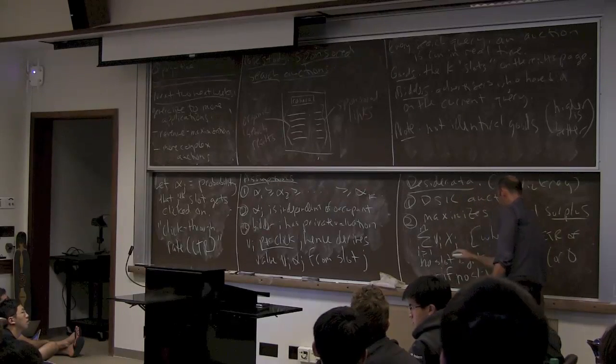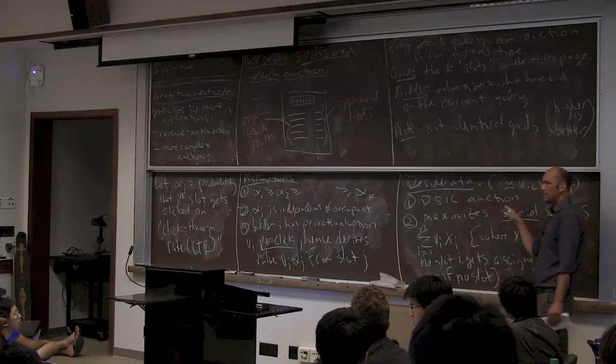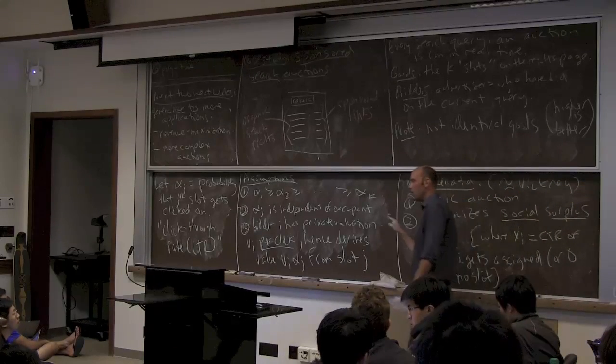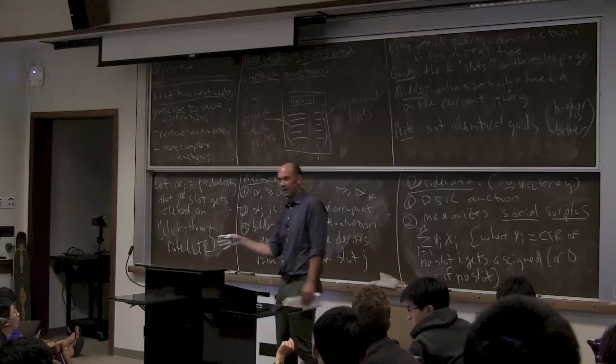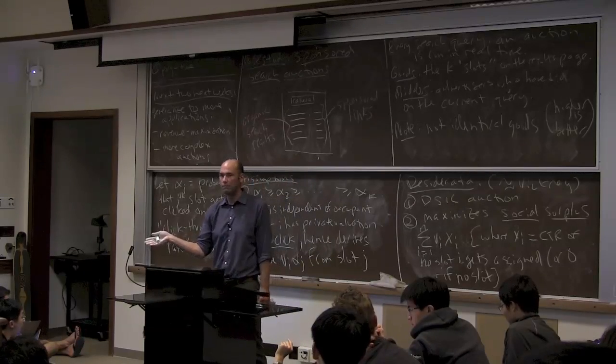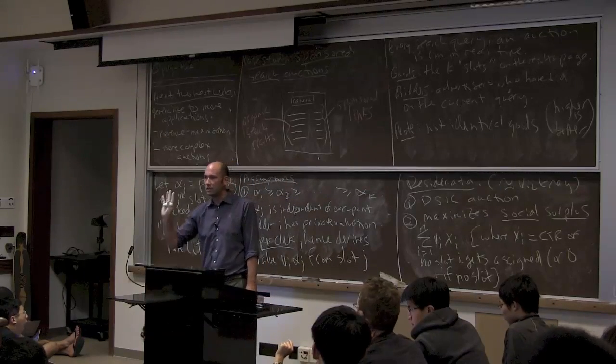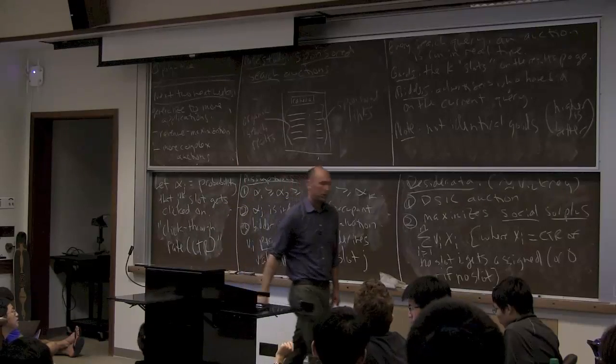And of course, when I say maximize social surplus, maximize this quantity, I mean subject to feasibility. So you can't put more than one bidder in the same slot. So subject to at most one person in the top slot, one person in the second slot, and so forth.